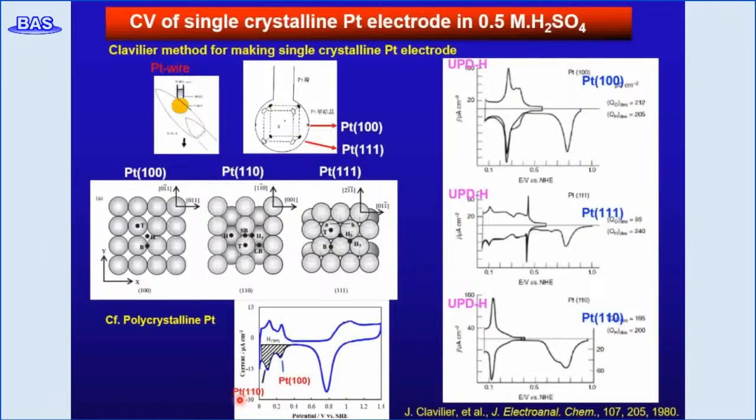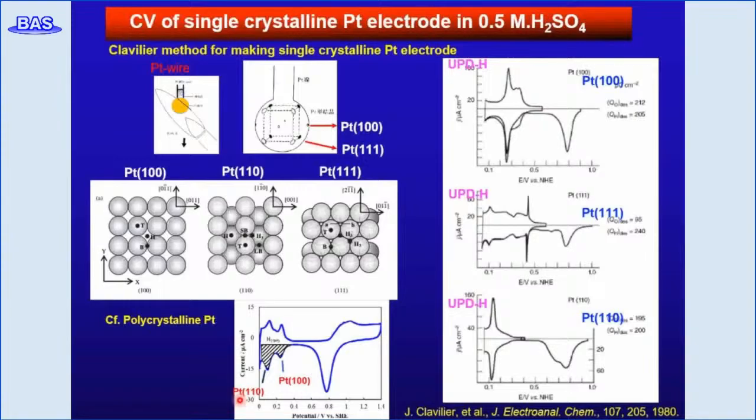Here are the atomic structures of the 100, 110 and 111 crystal planes of platinum. The CV in 0.5 molar sulfuric acid for each of these planes are shown on the right-hand side, and the potential of the sharp peak of hydrogen adsorption differs greatly depending on the crystal plane.